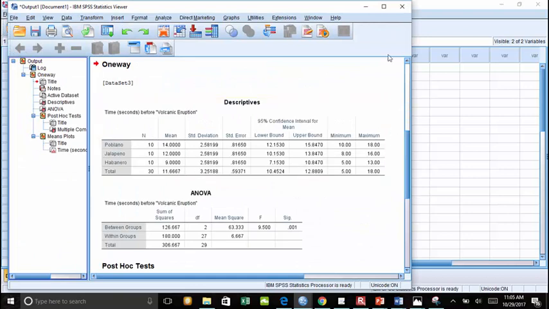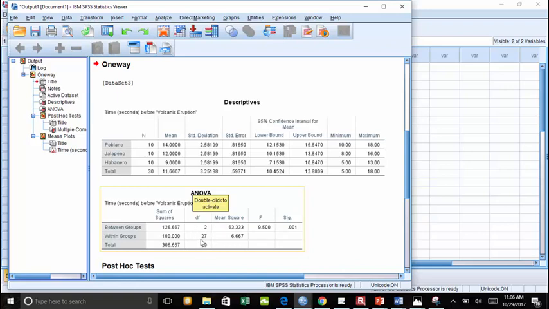And there it is. Here is our output. We start with our descriptive statistics for time in seconds before the volcanic eruption. Here are three groups, 10 children in each group. 14, 12, and 9 are the means. Here's our ANOVA. We've got 2 and 27 degrees of freedom. Degrees of freedom are based on the number of groups you have and the number of participants.